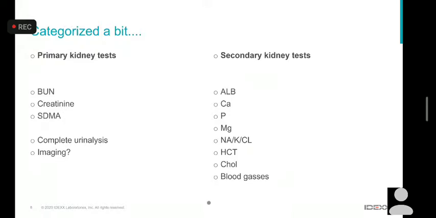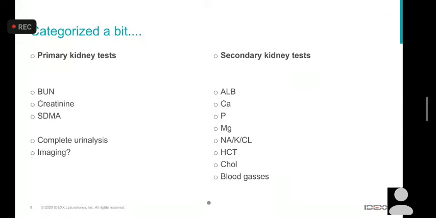But your complete urine analysis is also really a primary kidney test, so your specific gravity, your chemical analysis of the urine and the sediment, and imaging. Quite a few renal cases, especially the congenital ones, are actually diagnosed by imaging and not by some test that IDEXX delivers for you.